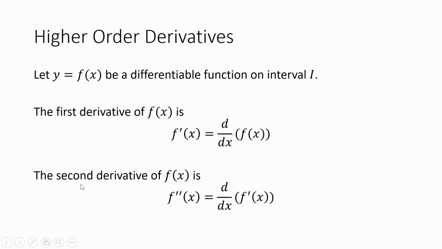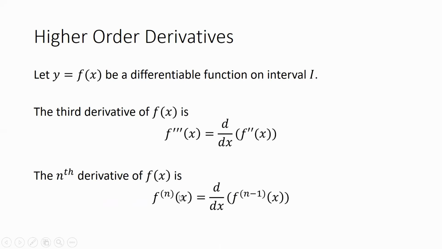If we take a derivative 2 times, that's called the second derivative of f of x. As long as our function is differentiable, we can keep doing this over and over. Second derivative is just f double prime. A third derivative would be a derivative of the second derivative, so f triple prime, or f prime prime prime.